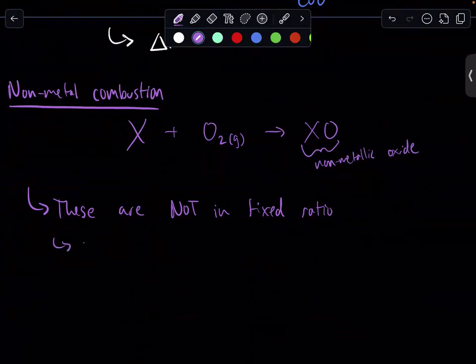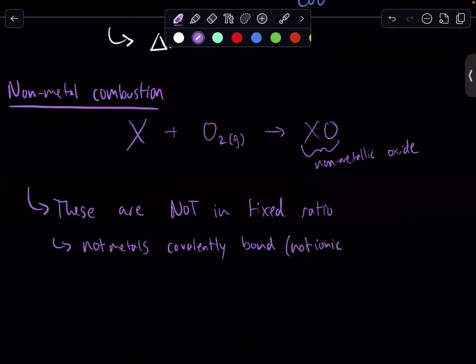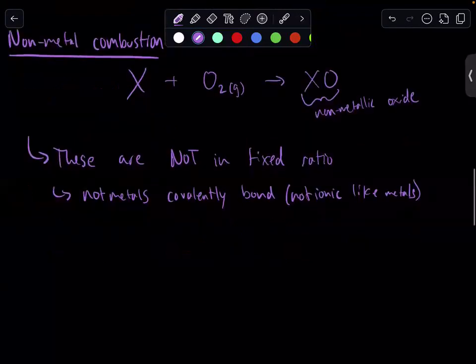But these are not fixed ratios. That's because nonmetals covalently bond. Not ionic, like our metals. This means that we can have many different combinations. If we take phosphorus and react it with 5 oxygen versus phosphorus and react it with 3 oxygen, we'll get 2 different products.